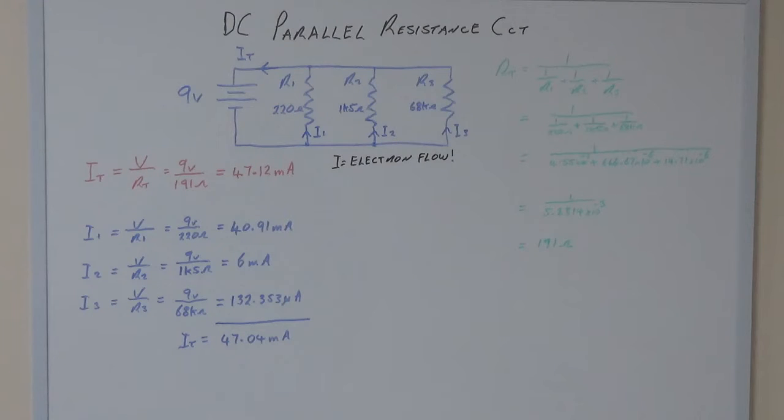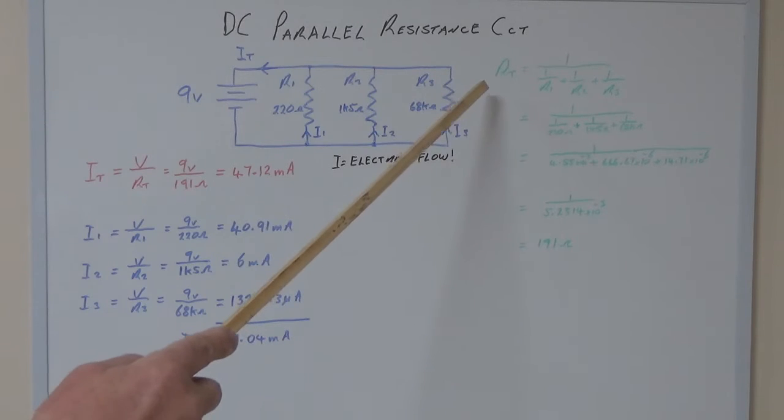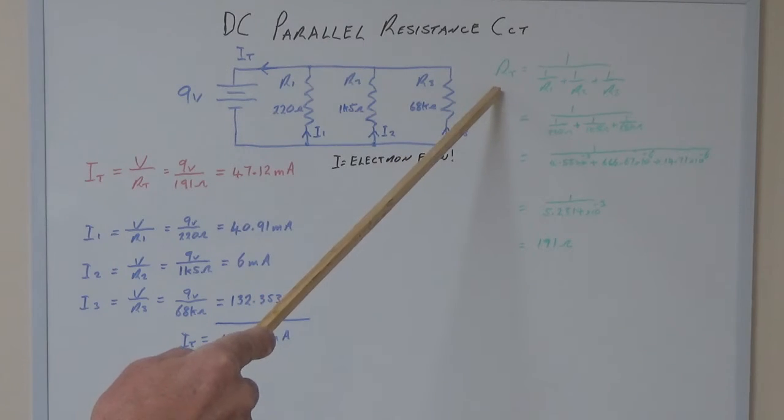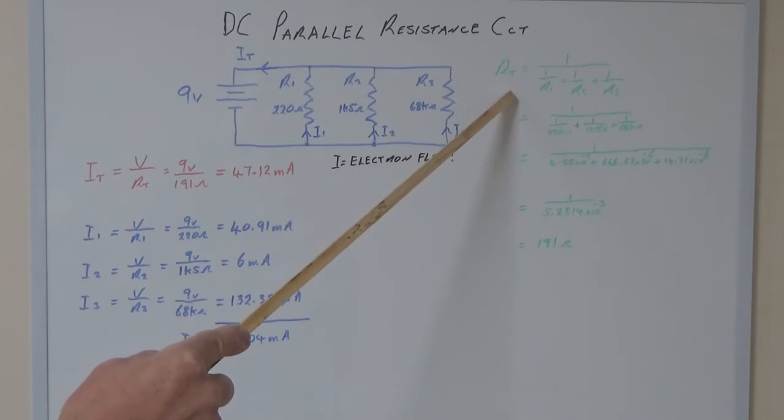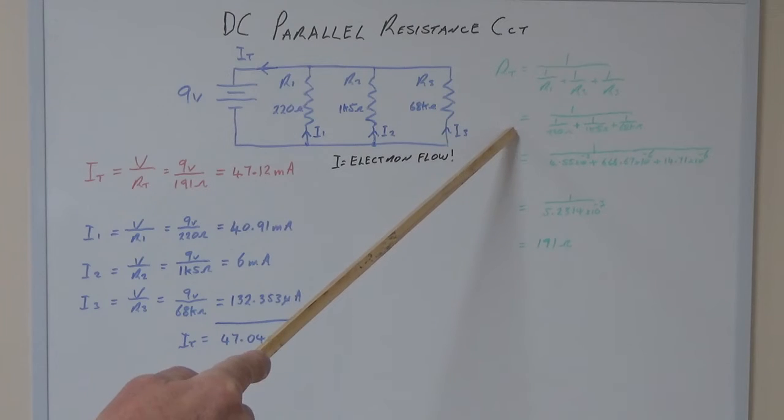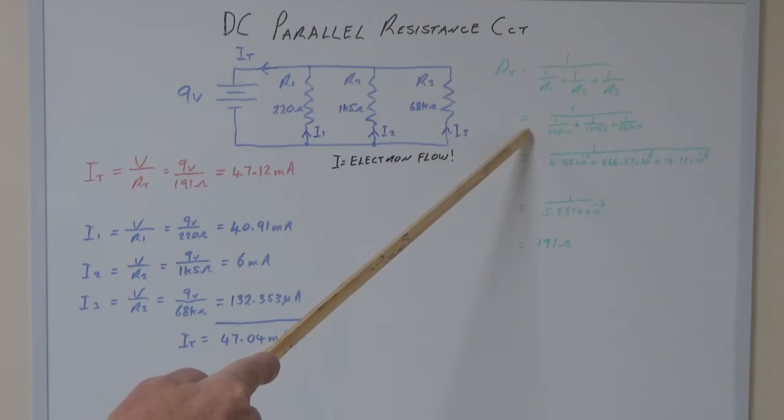Now the first thing I did was just to do the calculations for the total resistance, and you've seen that formula before. Then we basically go 1 over each of the resistors as we've got laid out there.